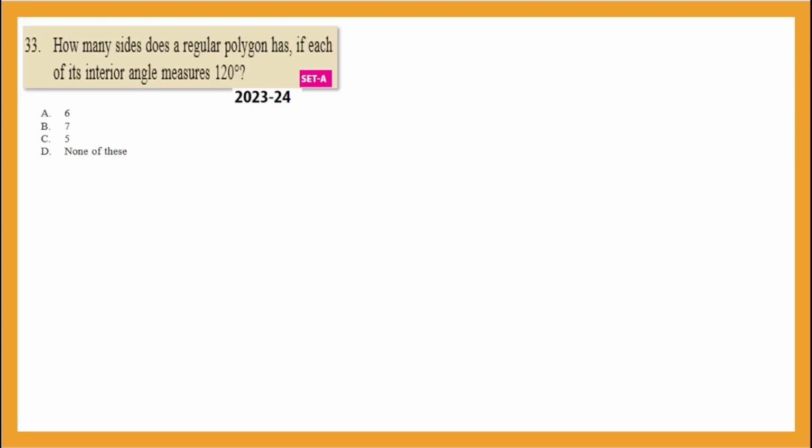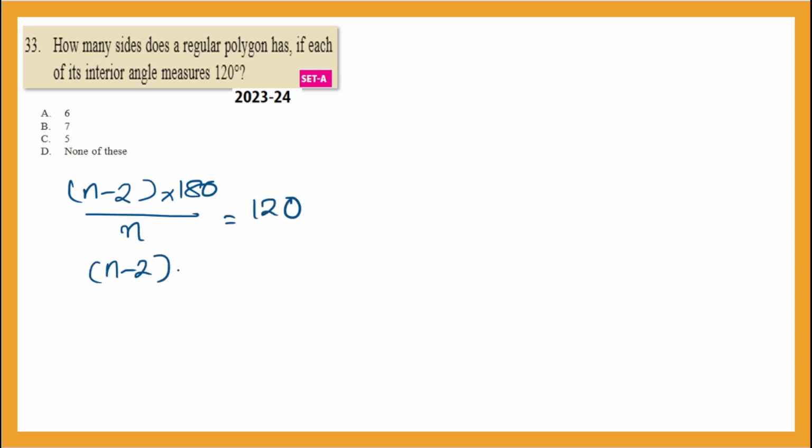Now in the case of a regular polygon, we know that measure of each interior angle equals sum of interior angles by number of sides. Now let n be the number of sides, then n minus 2 times 180 by n is 120 degrees.